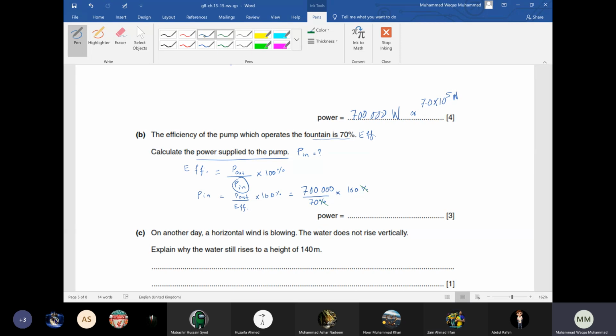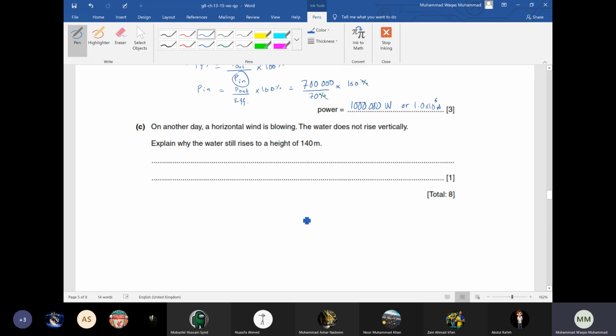If you do this, what do you get? 1 million watts, or in standard form 1.0 times 10 to the power 6 watts. Okay, clear beta? Yes, sir, clear.